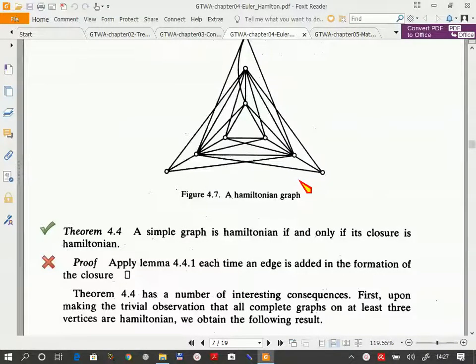Why? Because the closure is a complete graph, so the closure is Hamiltonian, and you can say something about this which is rather complicated, for seeing its Hamiltonianness just by look, okay? All right.